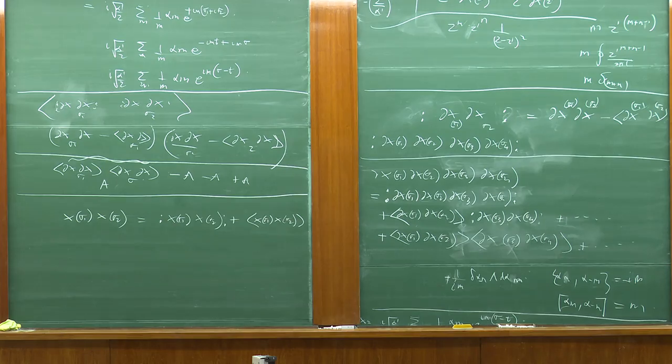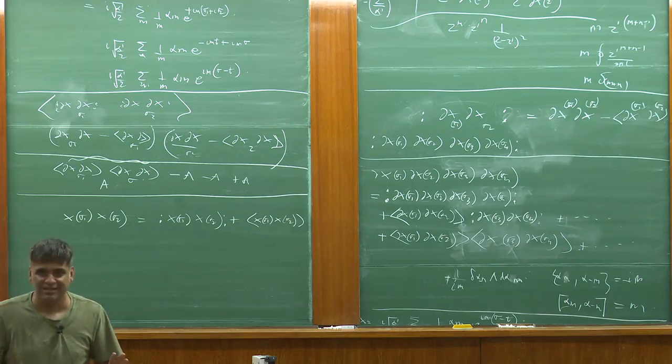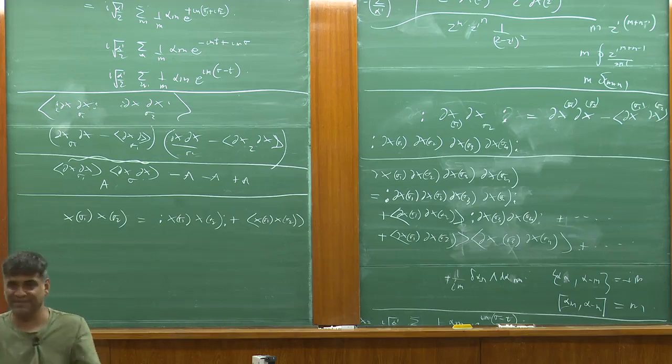Well, O is an operator, right? It has an expectation value. Okay, first, here we've just computed what it is, right? It's not a question of could it have been or not. We know what it is.